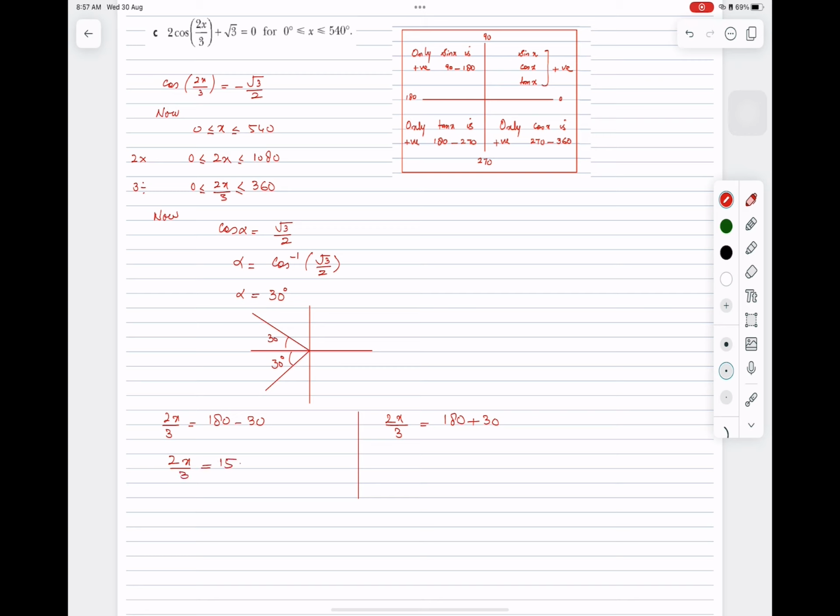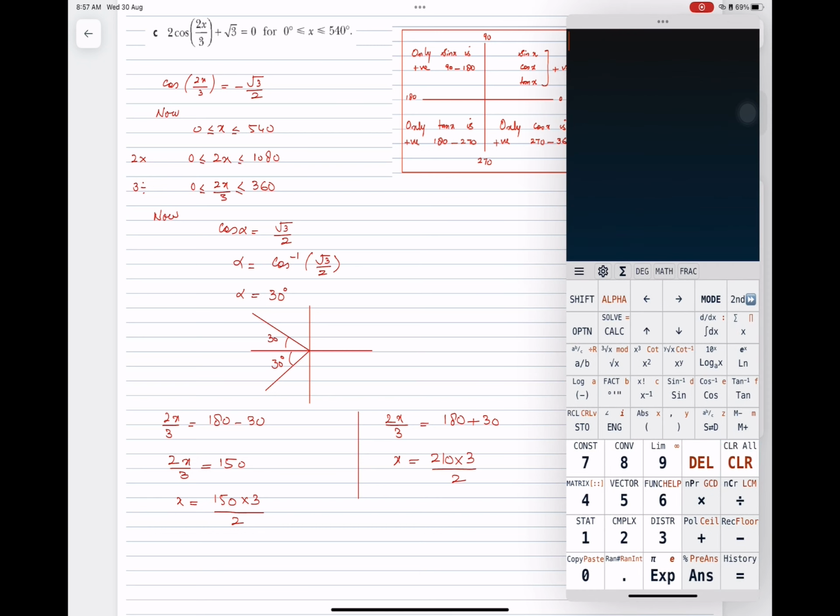Now if you simplify this, you will get the value of x. Do cross multiplication: 150 multiplied by 3 over 2. Similarly, you can simplify the second possibility, which is 180 plus 30, which is 210. Do cross multiplication. 150 multiplied by 3 and divided by 2 will give you the first answer, which is 225 degrees.